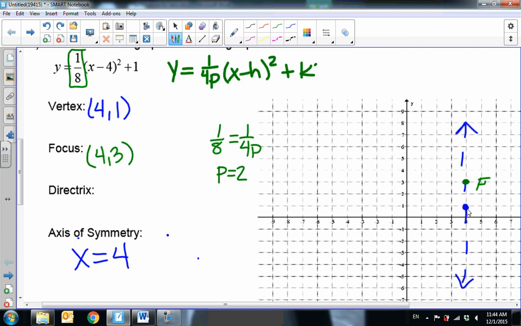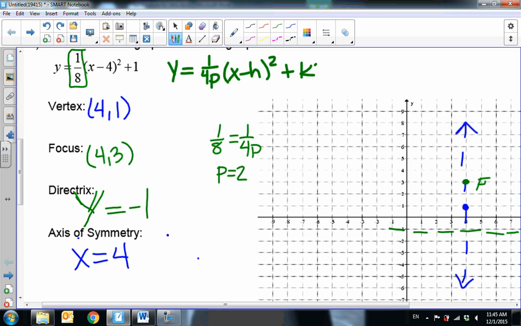So I'm going to go down 2 units, and that's going to put me at y equals, oh my gosh, y equals -1. I look like a 4-year-old.